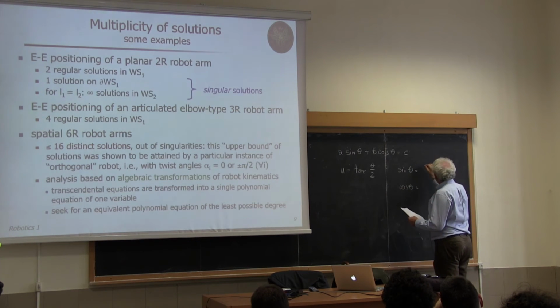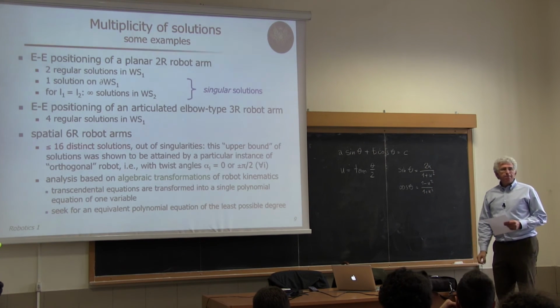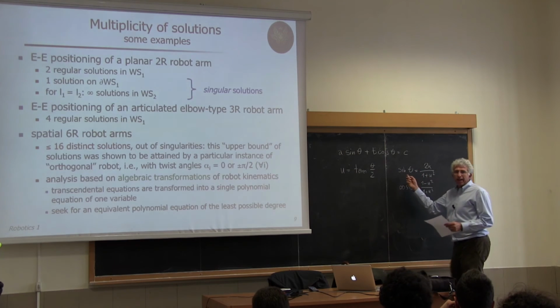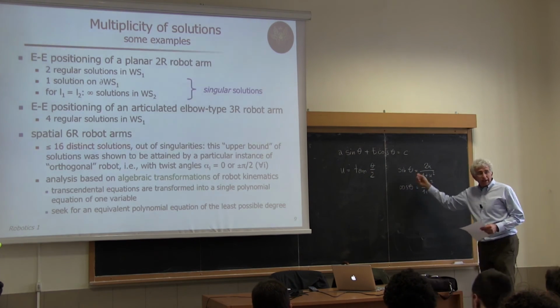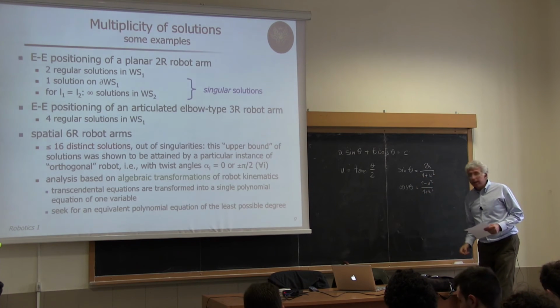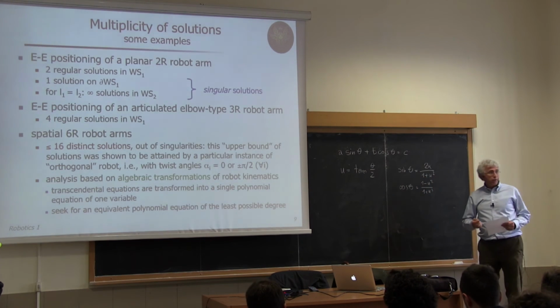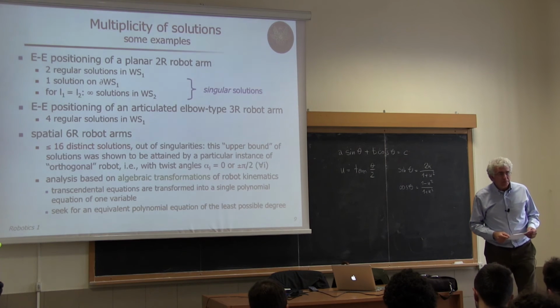And these are as follows. Sine is 2u over 1 plus u squared, and cosine is 1 minus u squared over 1 plus u squared. Okay? So these are, in fact, the inverse of that. If you want to, you can take the arctangent of this and then have an expression of theta as a function of u.